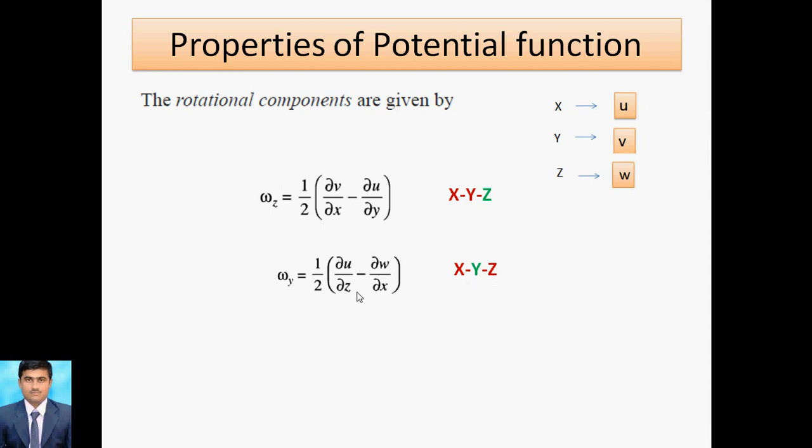First one is z, so I write z, and after that x, and then diagonally we can take the velocities. About the z direction we write w, and in the x direction the velocity is u. So this is about the rotational component of y.